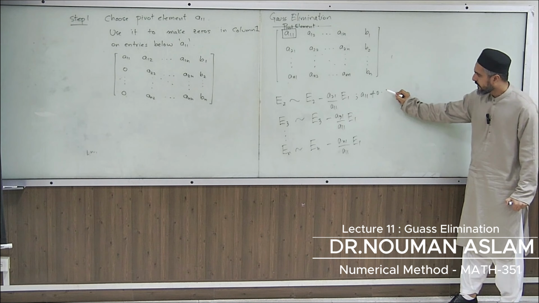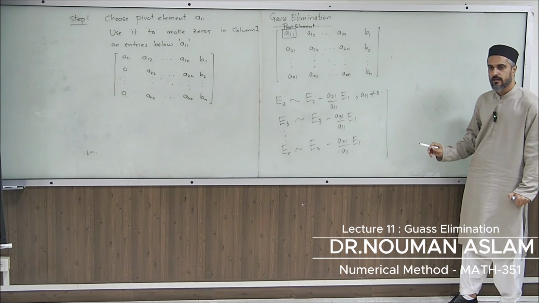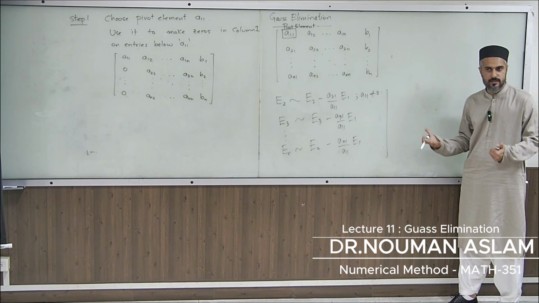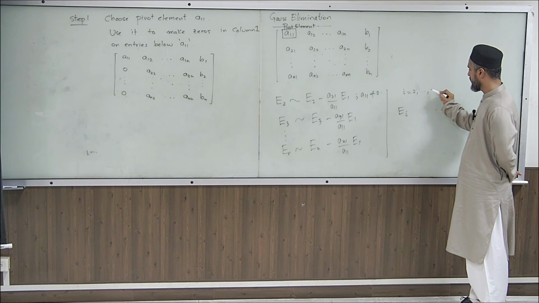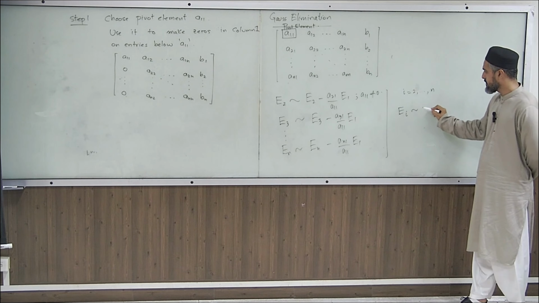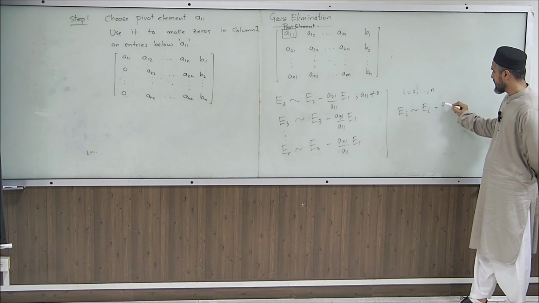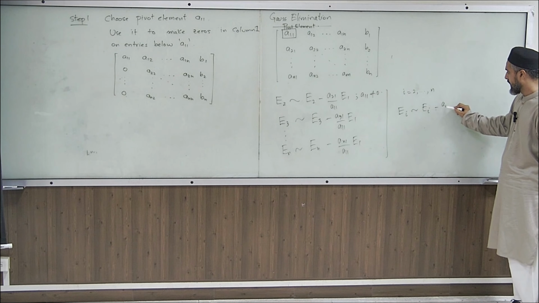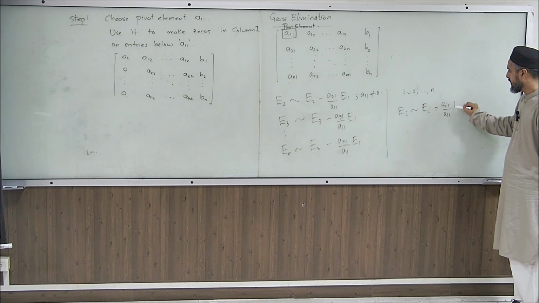Let's try to write all these statements in one statement, in the form Ei, where i starts from 2 and goes till n, and Ei is replaced by Ei minus Ai1/A11 E1.